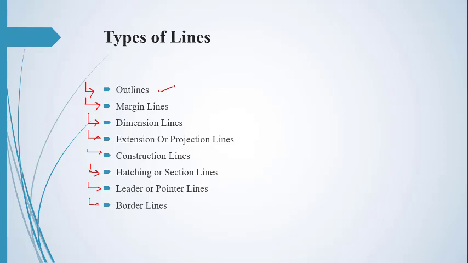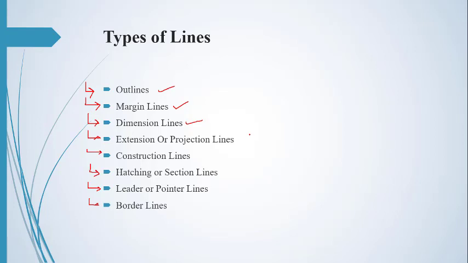So what are outlines? We will see what the outlines are, where they are used and through which pencil we draw them. The second one is margin lines. What are the margin lines and where are these drawn? Dimension lines are used for showing the dimension of an object or any drawing. The fourth one is extension or projection lines.